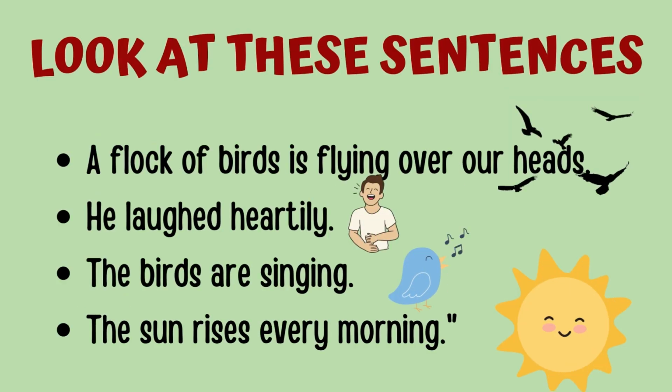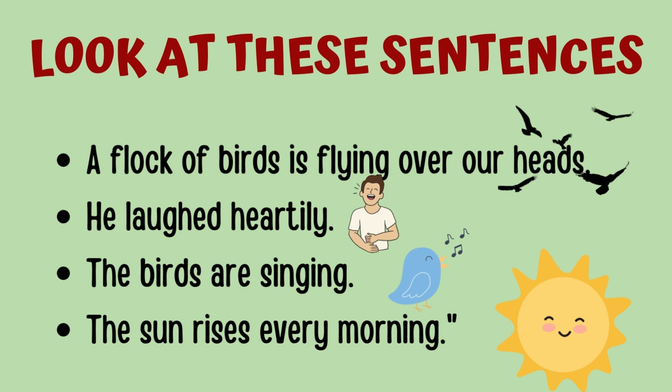For example, a flock of birds is flying over our heads. A flock is the thing that we are talking about, so our subject is a flock of birds, and is flying is the verb. Over our heads, we have an adverbial, but we do not have an object. He laughed heartily. He laughed.